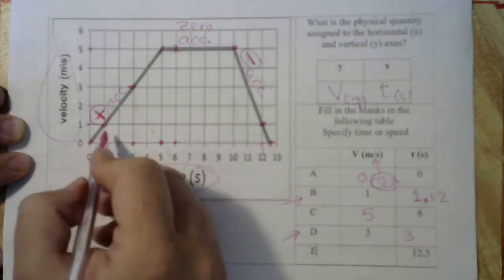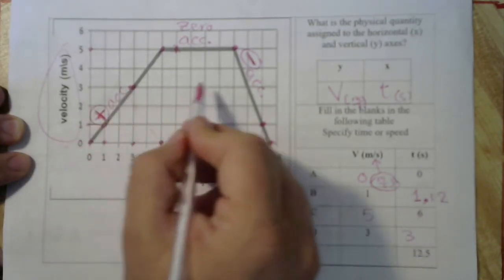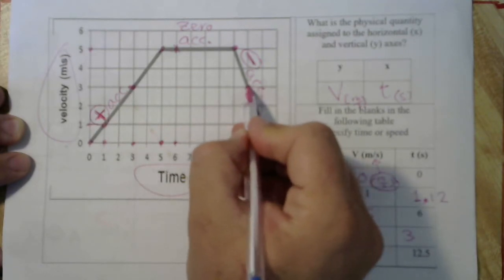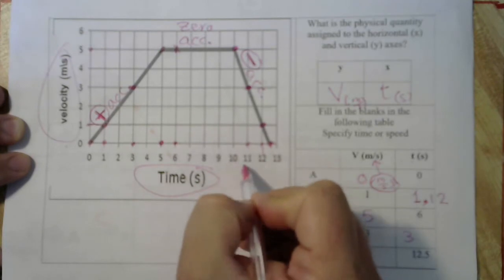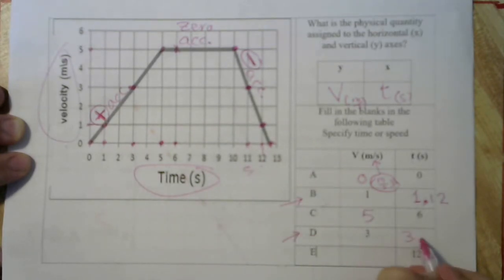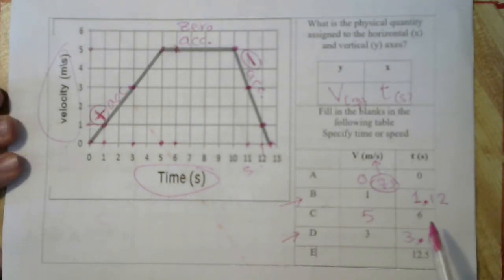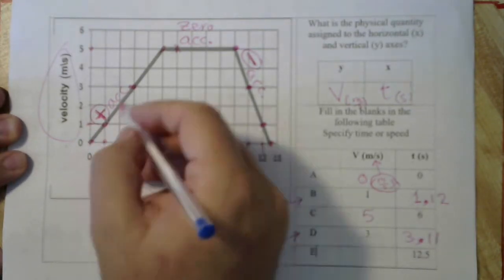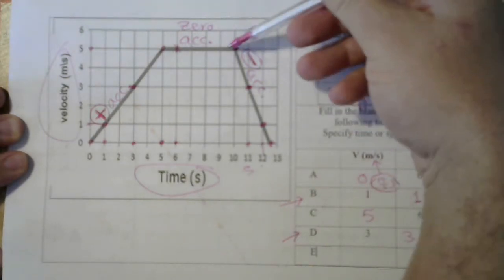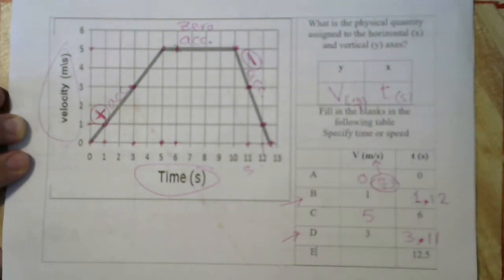Also at 3 meters per second, I have another time the body has that speed, at t equal 11. So the body has the same velocity twice. Okay. The first when the body is accelerating. The second when the body is decelerating.